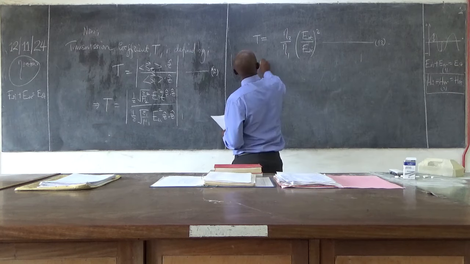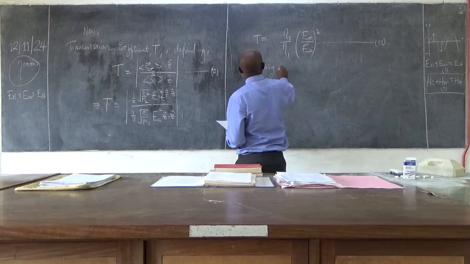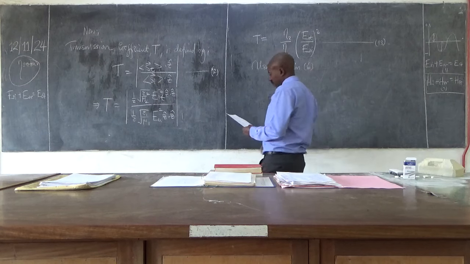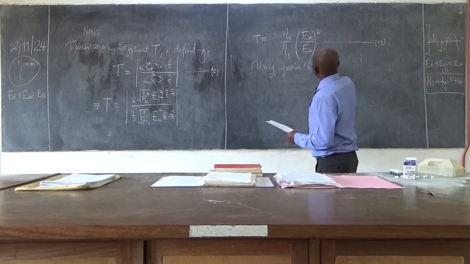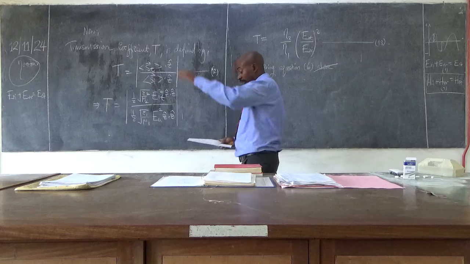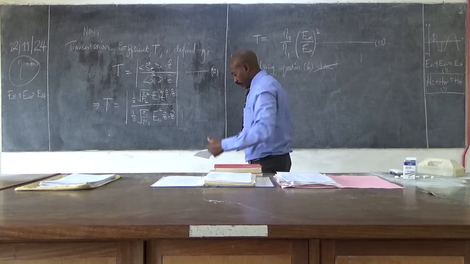Using equation 6 previously, this above is always very confusing. Even in the textbook, you can't see it above, it is somewhere previously.